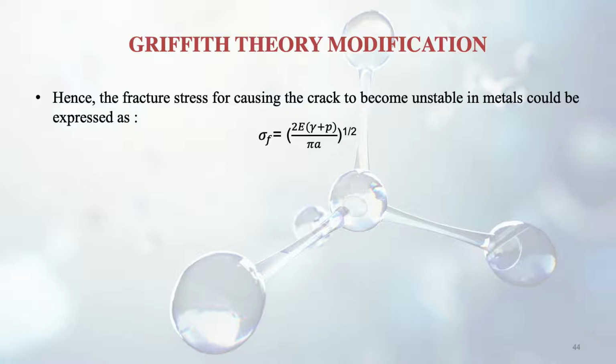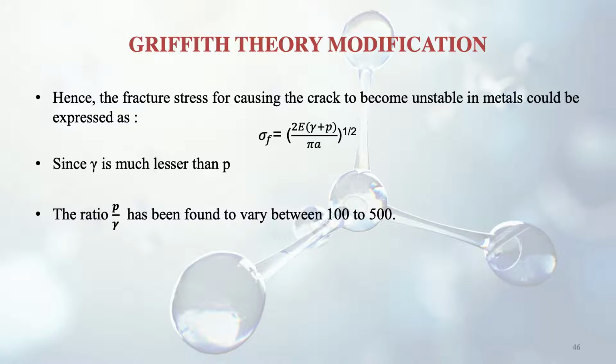The formula is the same as the earlier one. If you remember, the earlier formula was the root of 2E gamma divided by pi A. If we see, gamma is much lesser than P actually, so we can neglect it. The new formula becomes the root of 2EP divided by pi A.